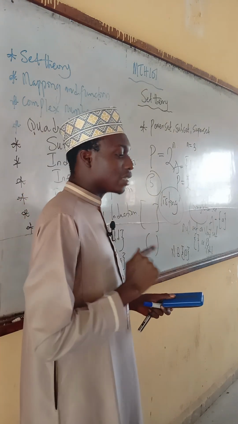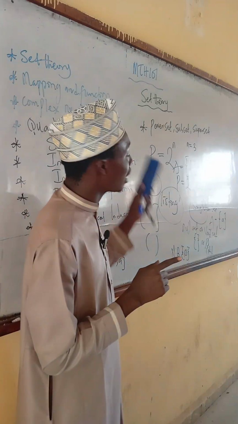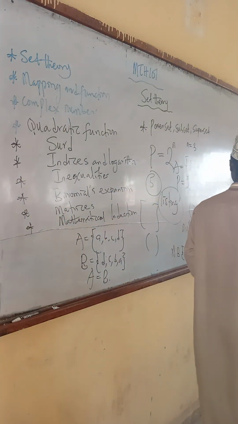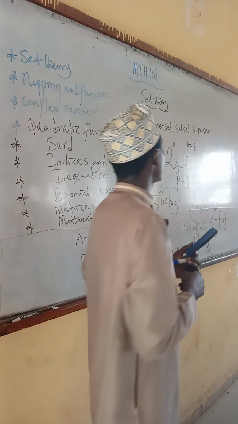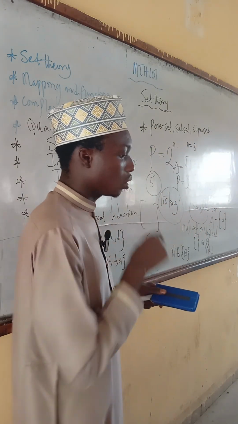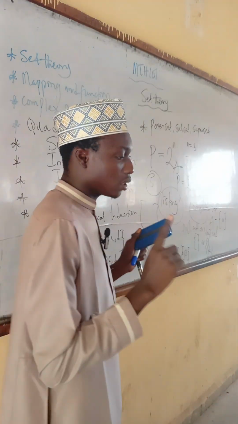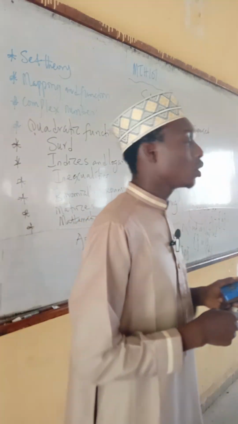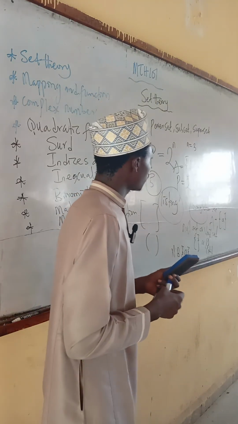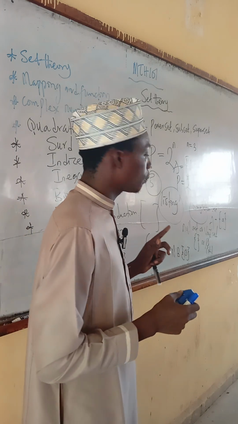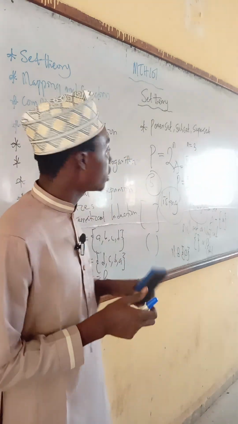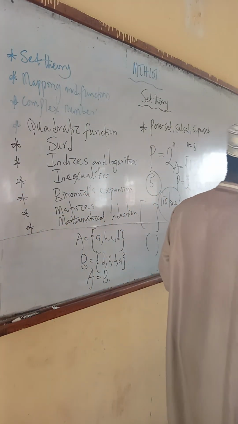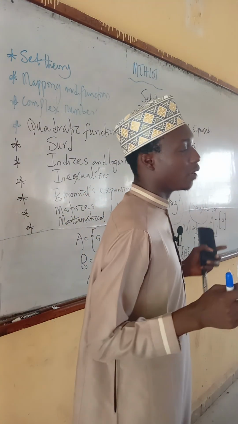It is to be noted that, continue. So you have to note this thing. You want to list out subsets. It is to be noted that for a single set, empty set is a subset of every set.